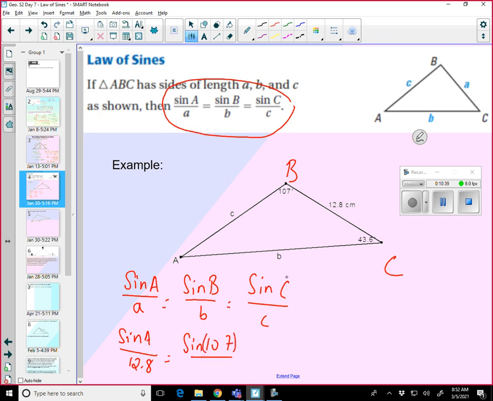But they haven't given us this particular b, so let's keep it like this. Sine C is sine of 43.6 over small c. This is what we can write using law of sines.